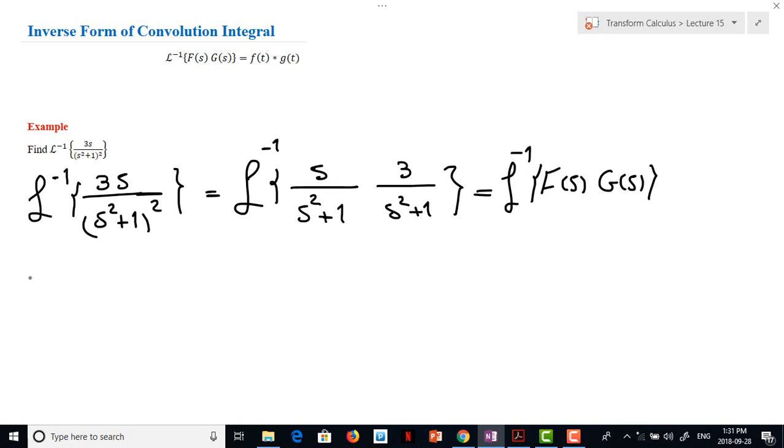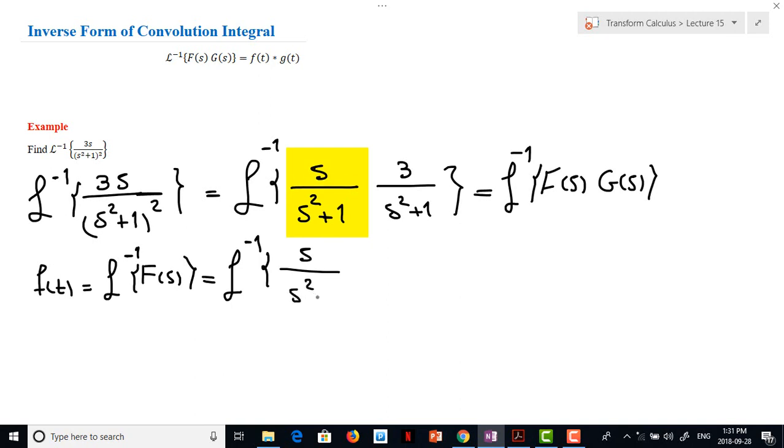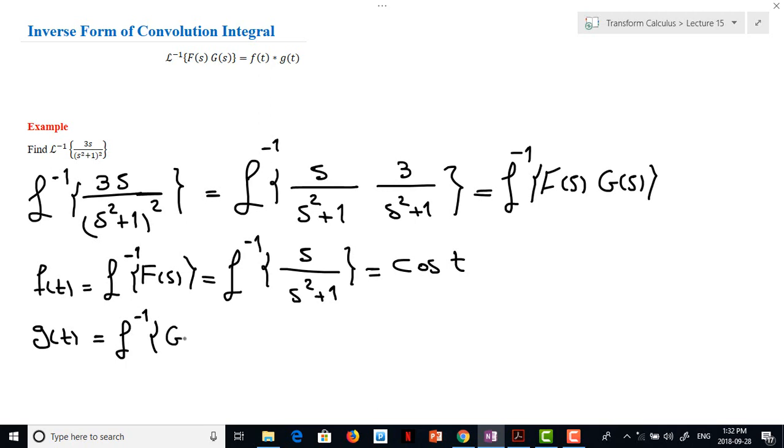First of all, we have to find f and g. f(t) is equal to the Laplace inverse of F(s), where F(s) is s over s squared plus 1, so it's equal to cosine t. g(t) is equal to the Laplace inverse of G(s), where G(s) is 3 over s squared plus 1, so it's equal to 3 sine t. Now we have f(t) and g(t).